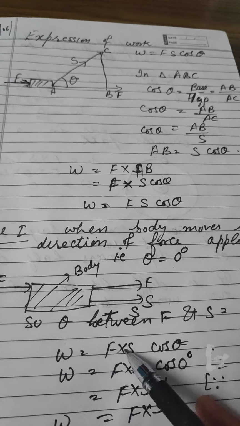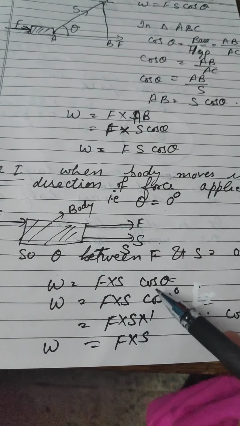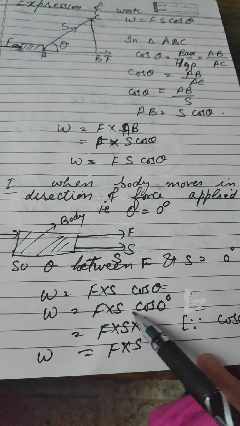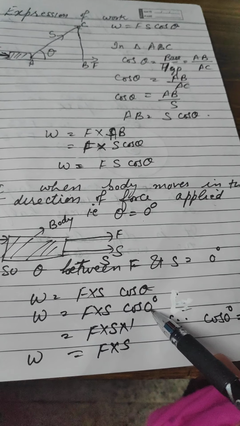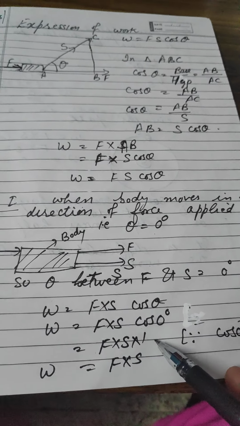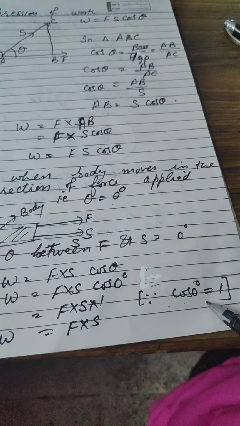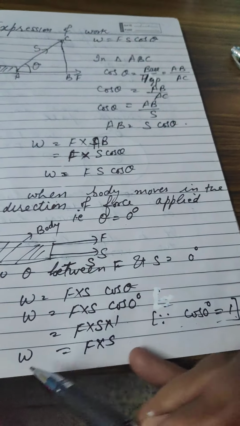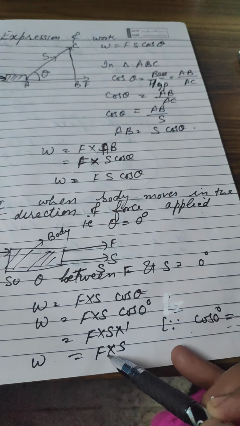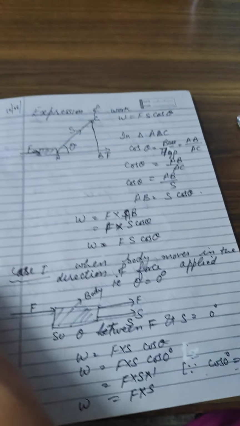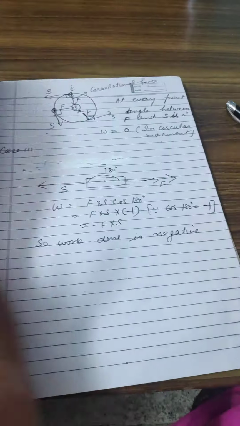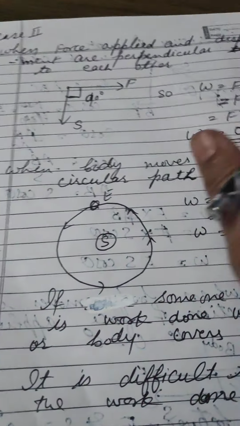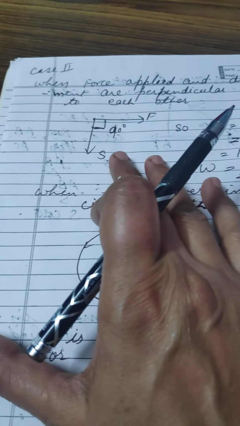So W is equal to F S cos theta. Put the value of theta. W will be F into S cos 0 degree. F into S into 1, because cos 0 degree is equal to 1. Or we can say W is equal to force into displacement, F into S.